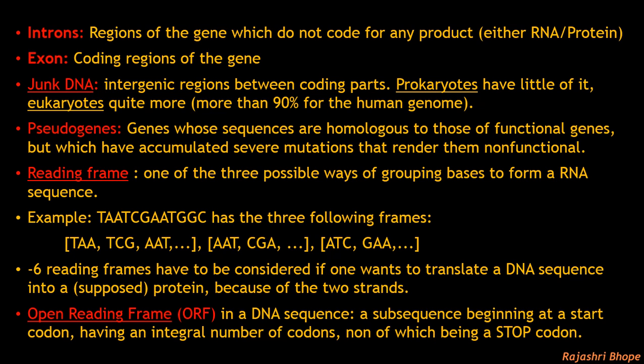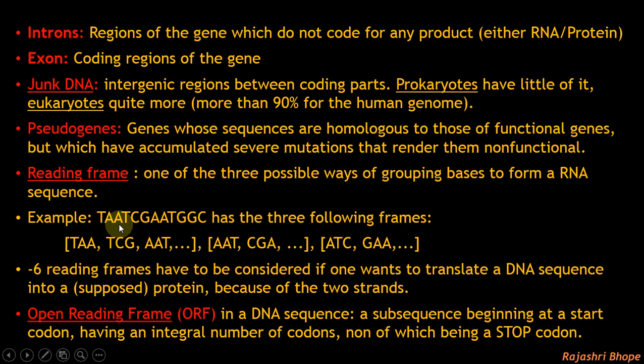Reading frames. One of the three possible ways of grouping bases from RNA sequences. Say this is the sequence: TAA, TCG, AAT, GGC. Now how can you read this sequence? The first way is TAA, TCG, AAT, likewise. Second, you can start from the second nucleotide: AAT, CGA, likewise.